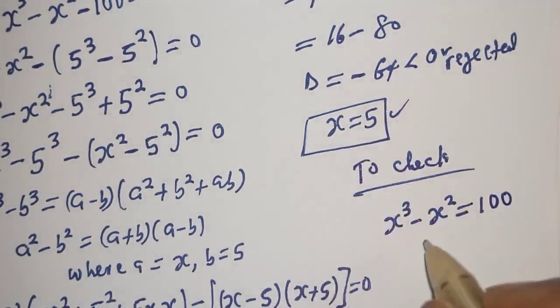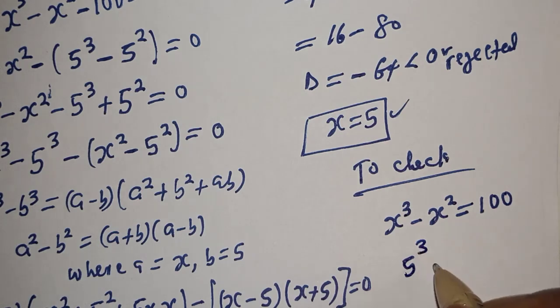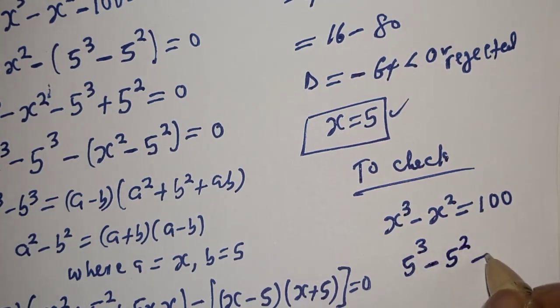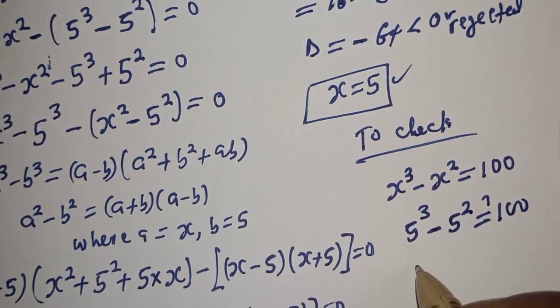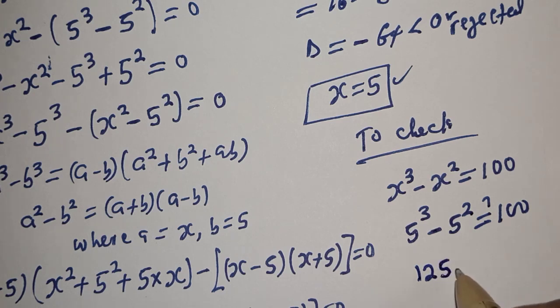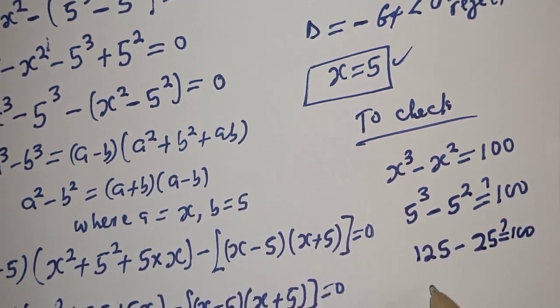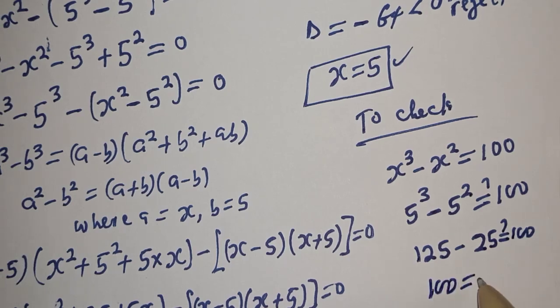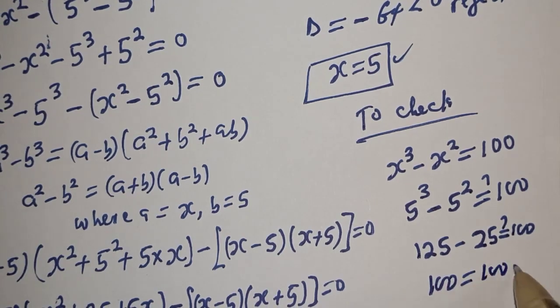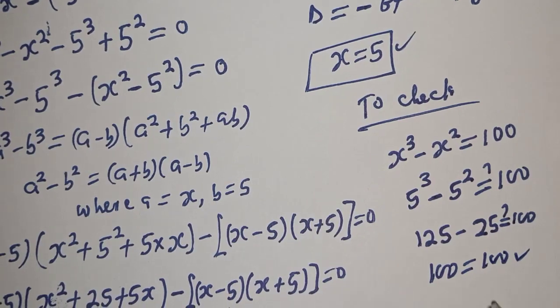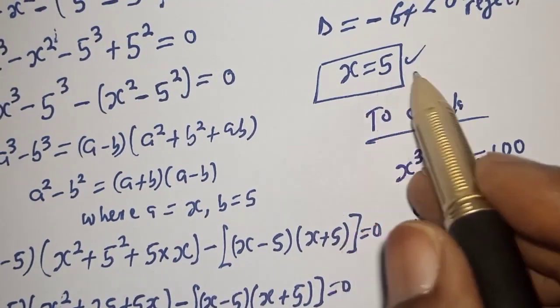Then, when s is 5, 5 raised to power 3 minus 5 squared must be equal to 100. 5 raised to power 3 is 125 minus 5 squared is 25 must be equal to 100. Let's see, 125 minus 25, this is 100, is equal to 100. We satisfy the given equation at s equal to 5.